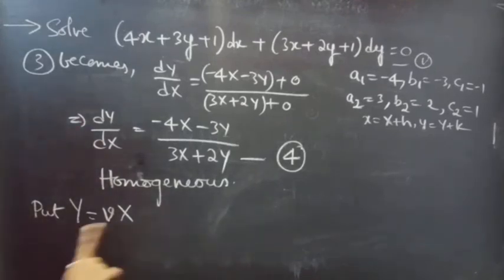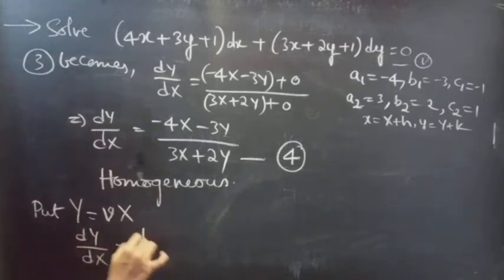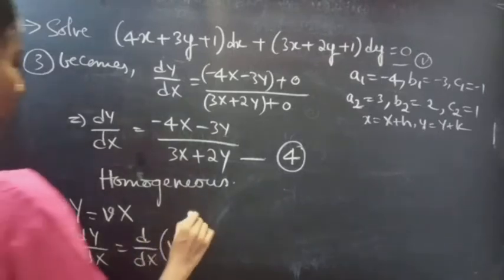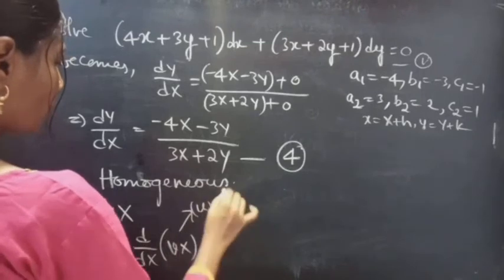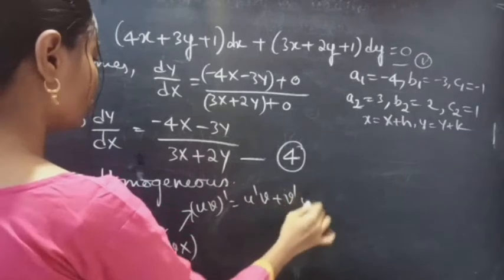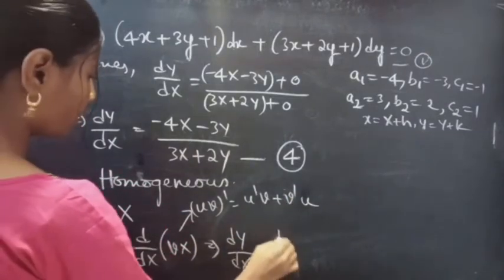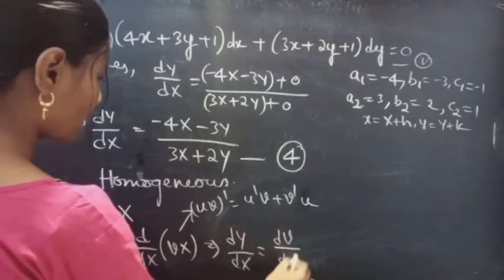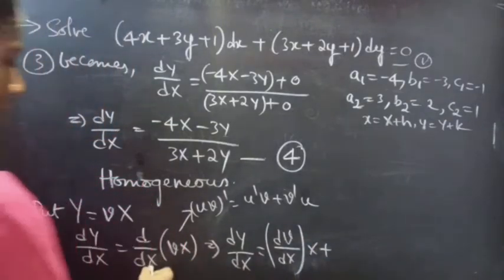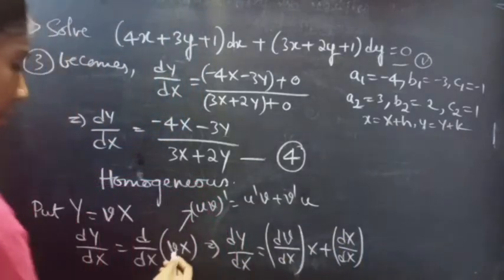differentiate this on both sides with respect to x. You will get the derivative of vx with respect to x. Here you can use the uv whole dash formula, which is equal to u dash v plus v dash u. Right? Then you'll get dy by dx equals derivative of v with respect to x into x plus derivative of x with respect to x into v.